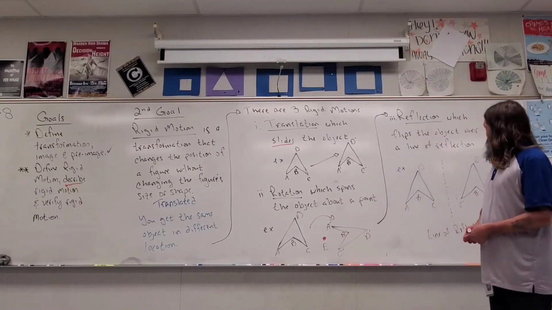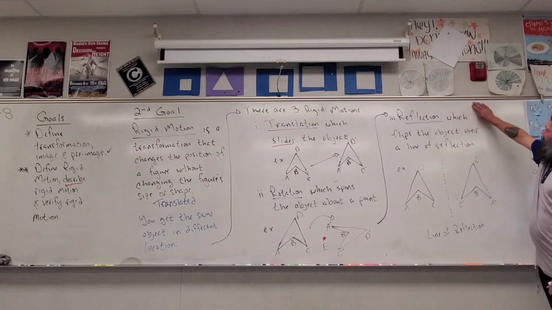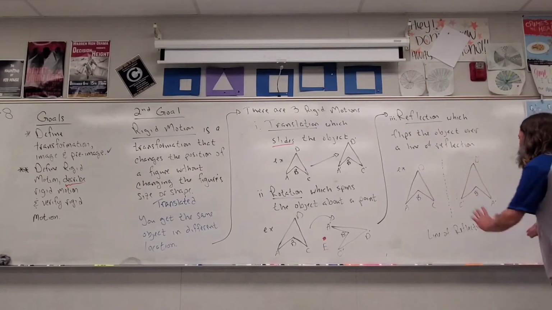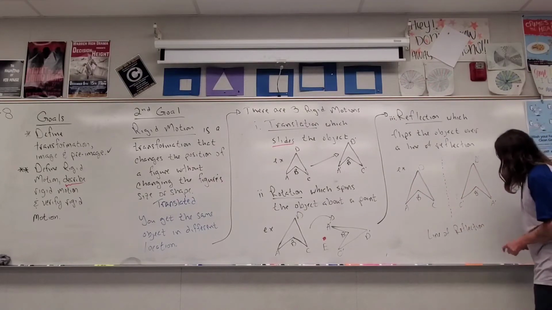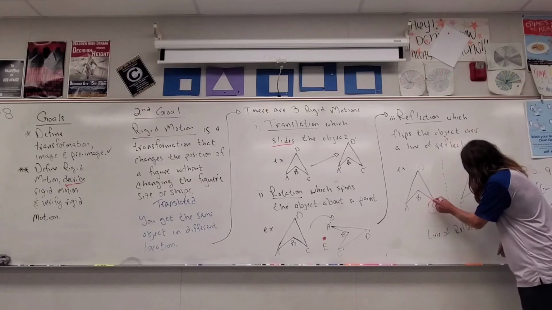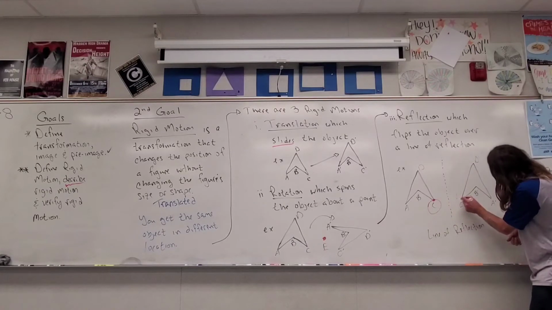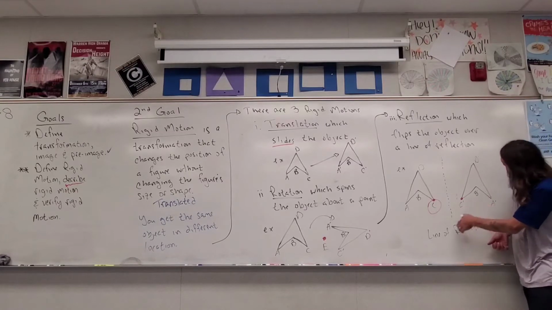And my last rigid motion is a reflection. A reflection flips the object over the line of reflection. So here's my original object, and I'm going to flip it over this. Notice that point C is closest to the line of reflection, and in its image, C prime is also closest to the line of reflection.